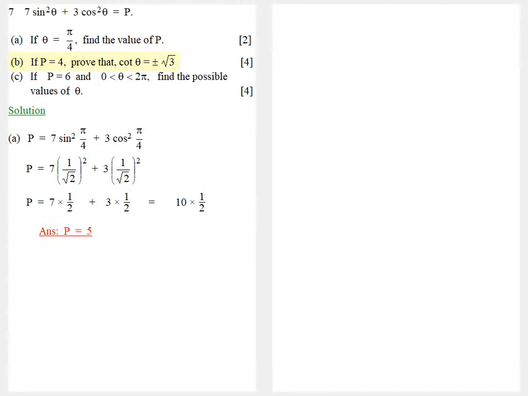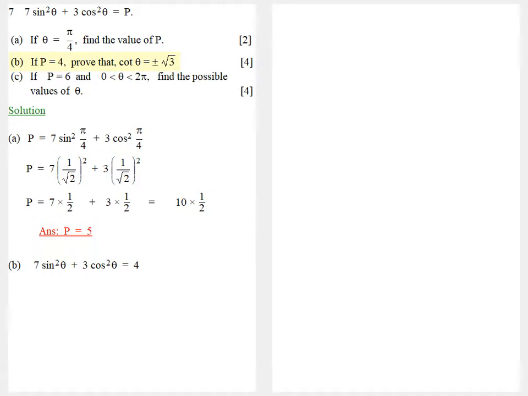Now in part B, we're asked, if p is equal to 4, prove that the cotangent of theta is equal to plus or minus the square root of 3. So we have 7 sine squared theta plus 3 cos squared theta equals 4.